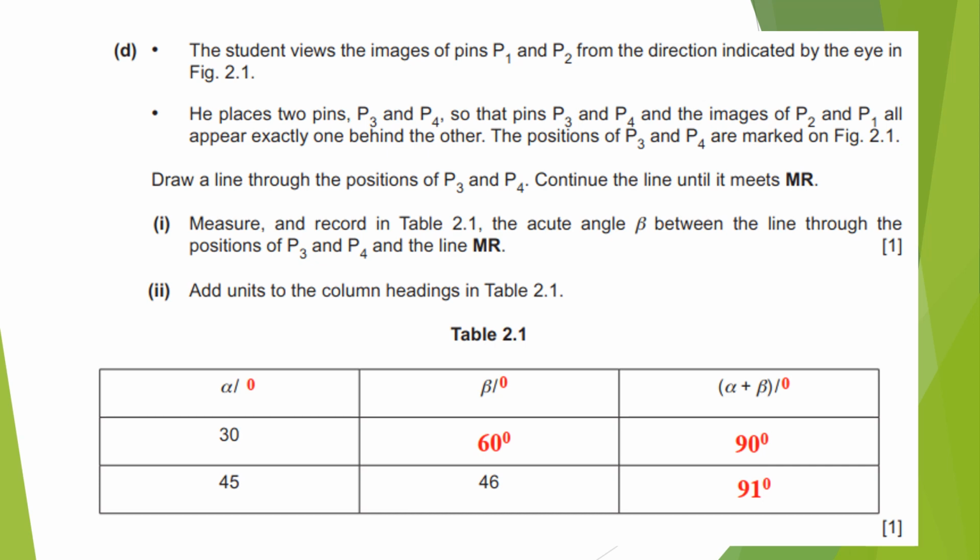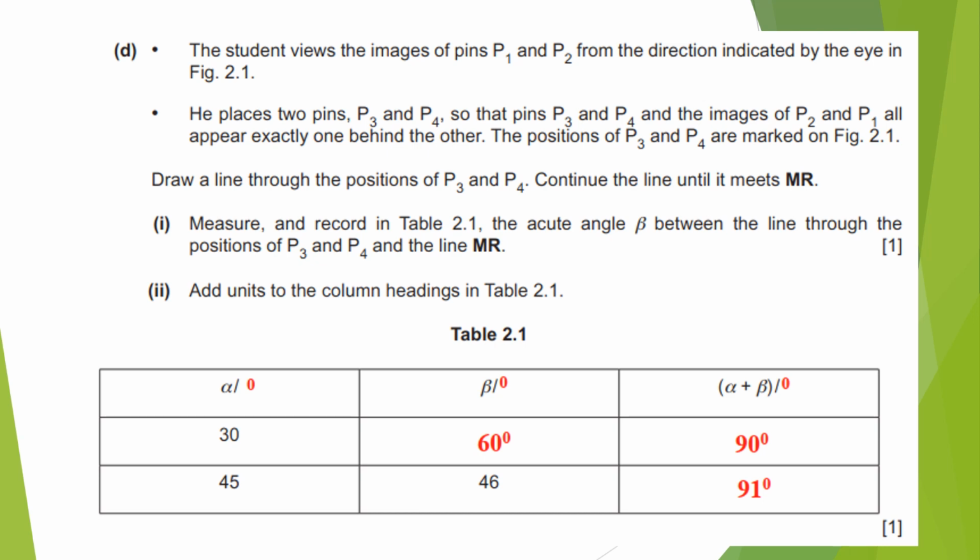But beta is the angle between the reflected ray and the line MR. So if the angle of reflection is 30 degrees, the rest of the angle in a right angle will be 60 degrees. So beta is 60 degrees, in the second column.